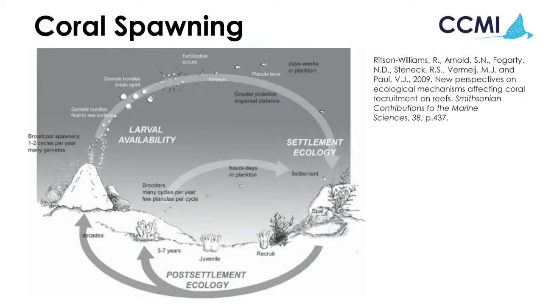So they release egg and sperm into the water column, where they fertilize, and then they settle on a hard substrate, or CCA. And then obviously we go through the phases of recruit, juvenile, and then adult. Brooders have a different reproduction, which I won't get into, and it is a bit shorter. But our big broadcast spawners, it takes decades to get to that phase.